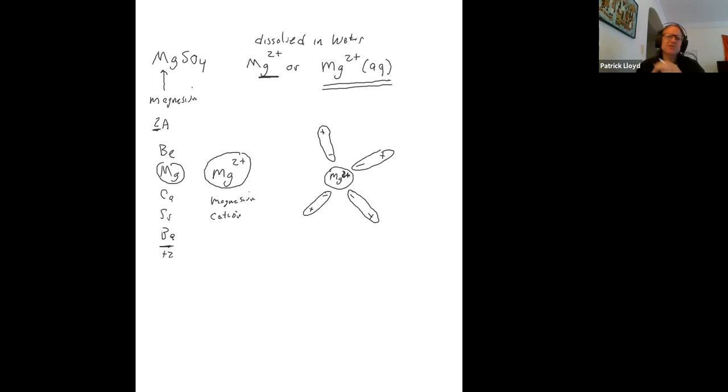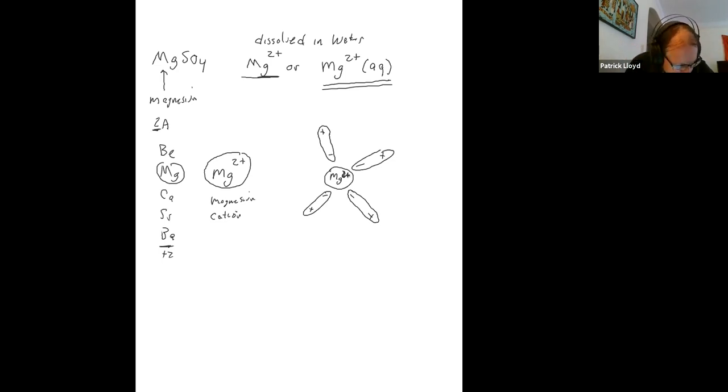I don't think they expect you to write the AQ, and that's fine. But strictly speaking, ions are not stable unless they're in water or in a compound. So magnesium sulfate, MgSO4, would be stable, but Mg+2 all by itself is not very stable. They'll react with something to get rid of that charge.